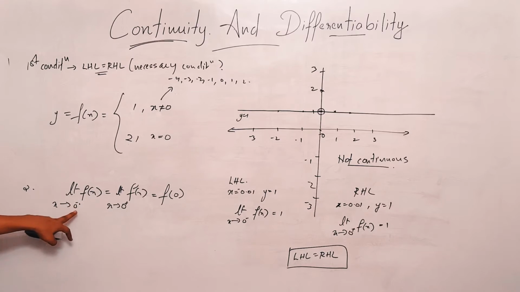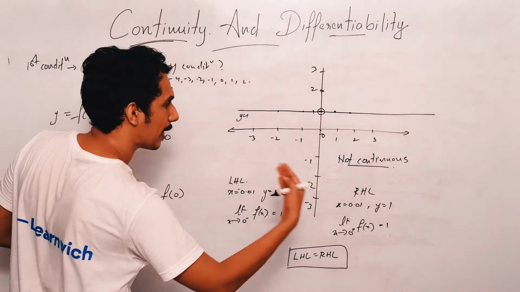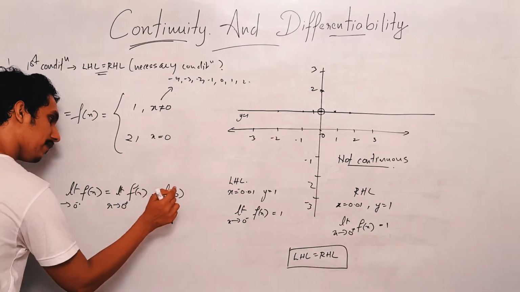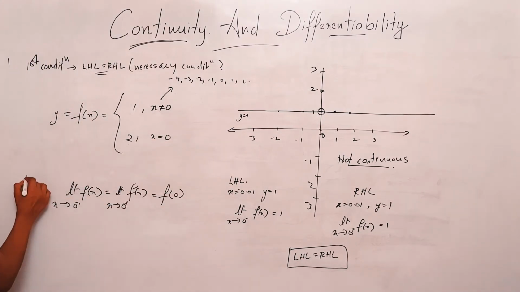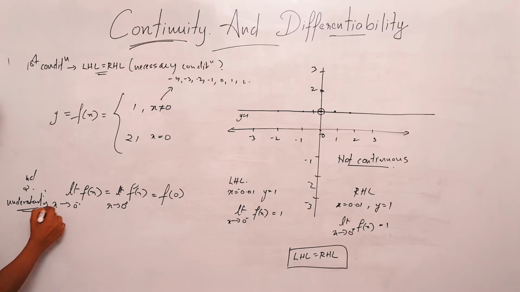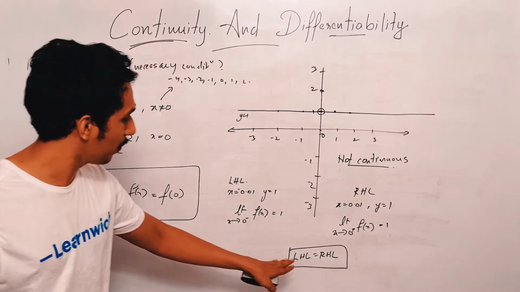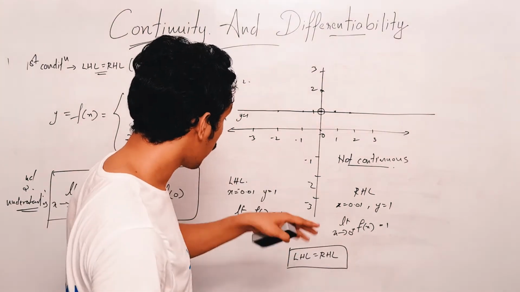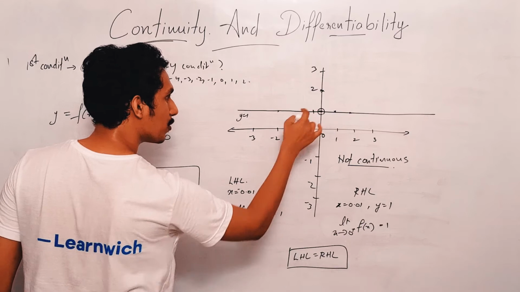Understood? If you put a value to the left of 0, a value to the right of 0, and even if you put x equal to 0, then the function becomes continuous. So this is my second understanding. It is not just enough that you prove LHL equal to RHL. You also have to prove that at this point the function is continuous.